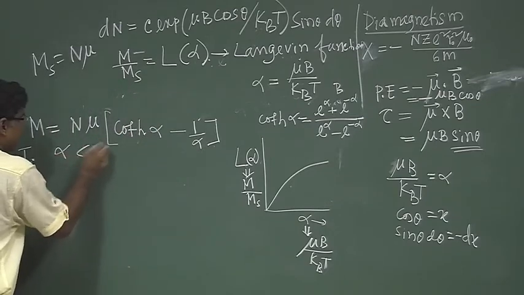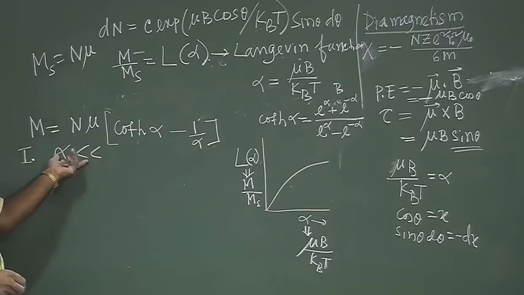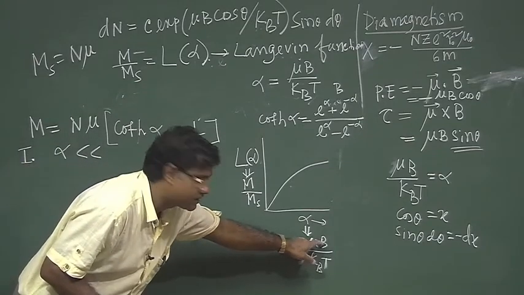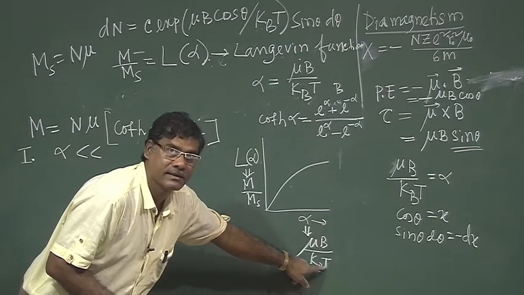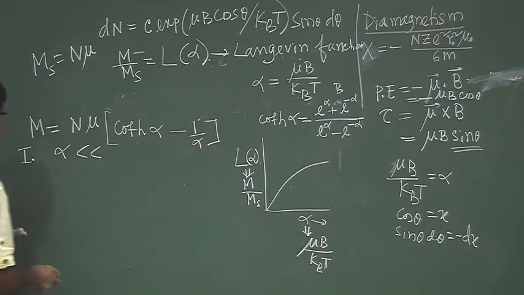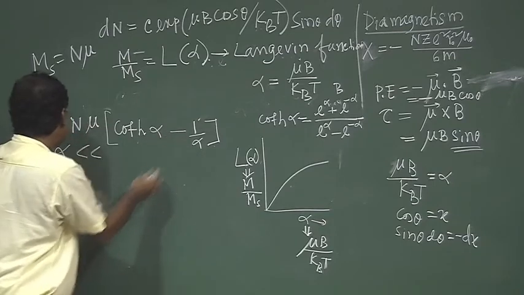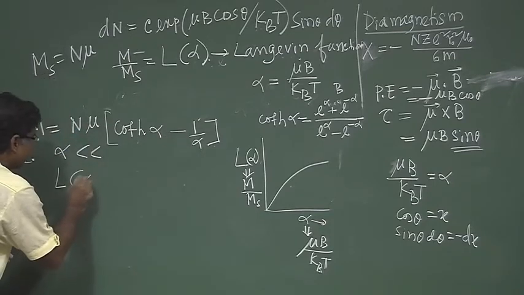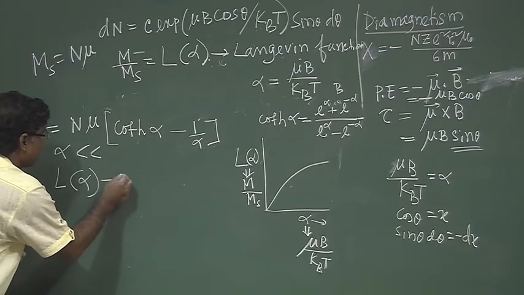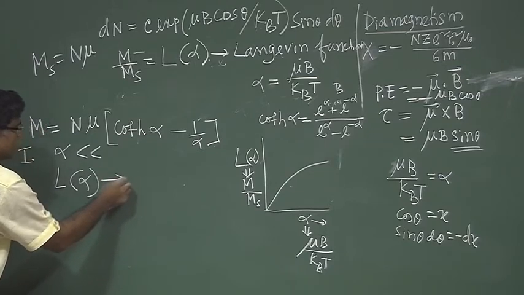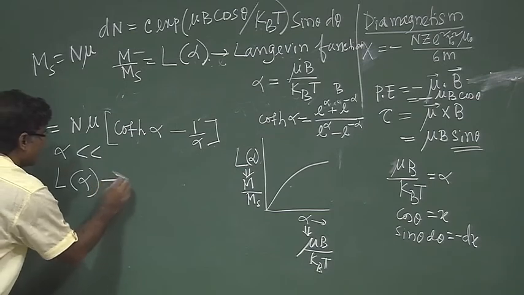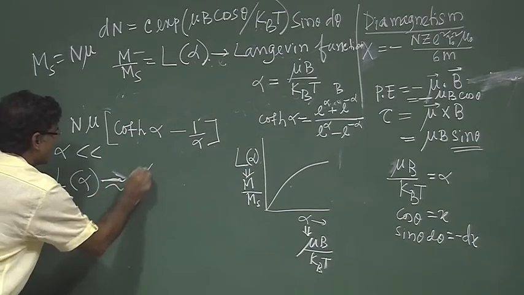Alpha much less than 1 means B is small, T is high, lower field. Under this approximation, one can show that this Langevin function gives us approximately alpha by 3.